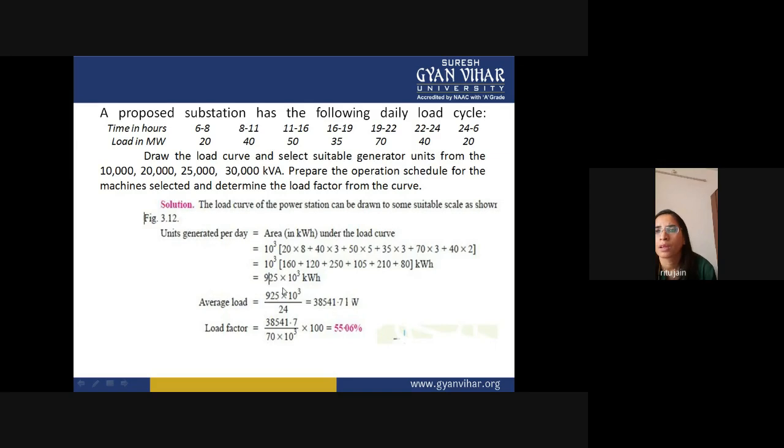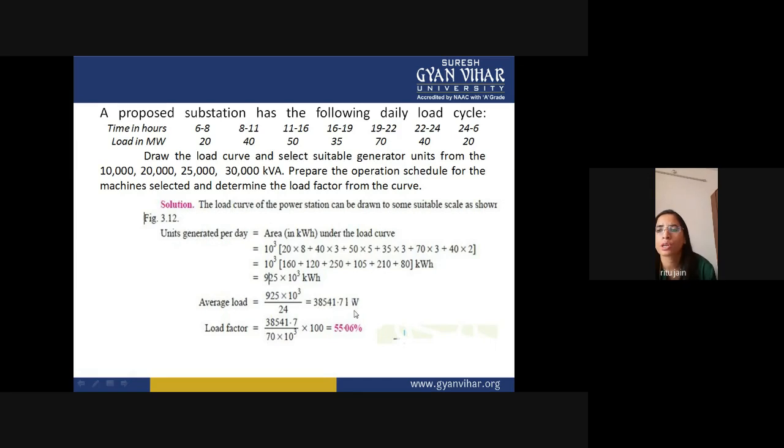Okay. Now we come to the next point: what is your average load? The average load can be calculated by dividing these units by 24 hours of a day. Next, load factor. The formula of load factor, I have already told you, is average load upon maximum demand.